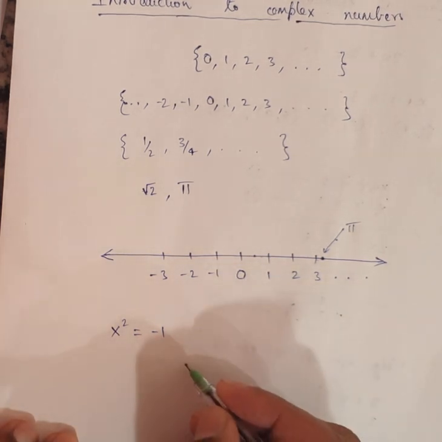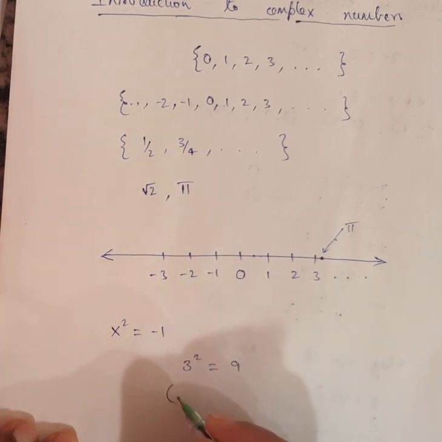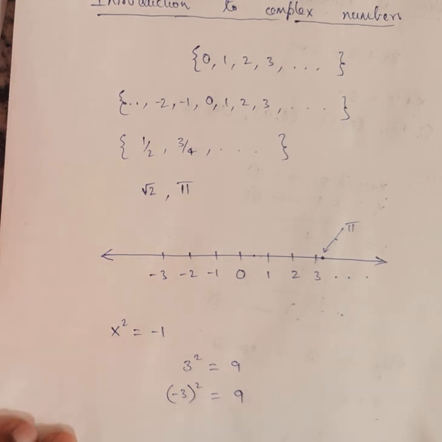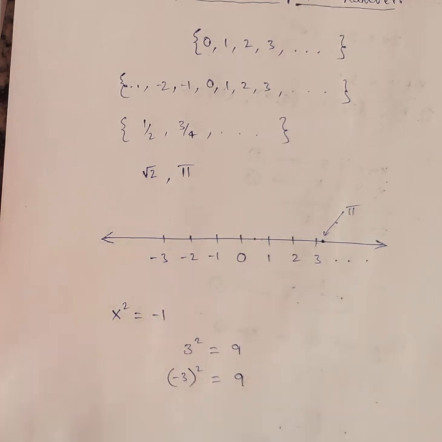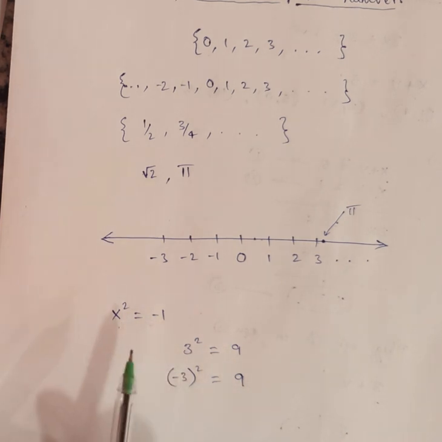For example, 3 squared is 9, but -3 squared is also equal to 9, because when you square -3, you're multiplying -3 times -3. Negative times negative is positive. So that's why this becomes 9. So this cannot be solved if you have only real numbers.